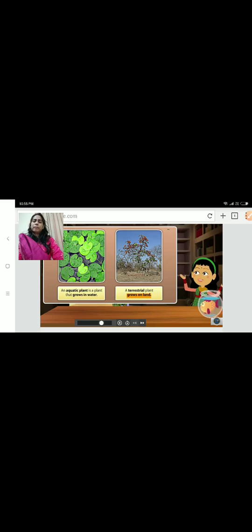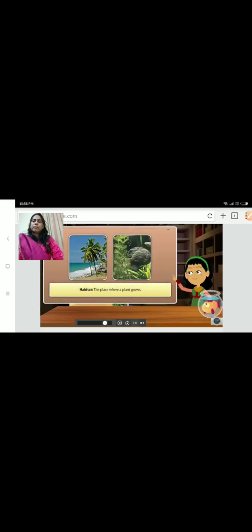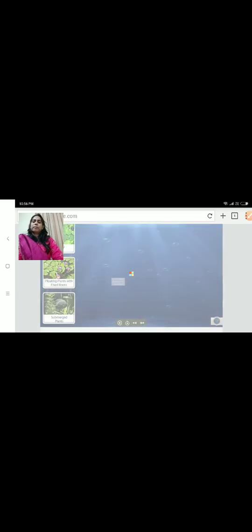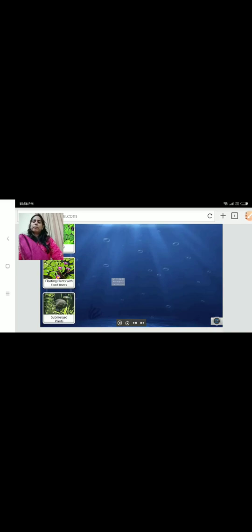They are terrestrial plants. The place where a plant grows is called its habitat. Plants change themselves or adapt to survive in their habitats. How do you think aquatic plants adapt to their surroundings? Click each button to learn more.